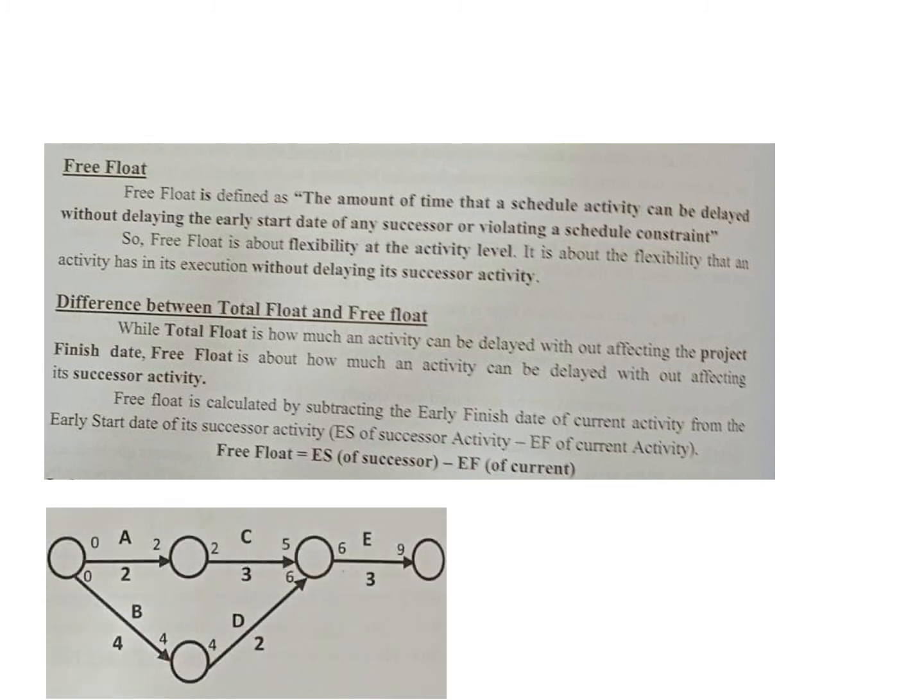So for C, the free float available is the earliest start of its successor, which is the earliest start of E. E can earliest start after 6 days, minus the earliest finish of the current activity, which is 5 over here. So 1. So the free float that C has is 1, provided A has also finished on time.